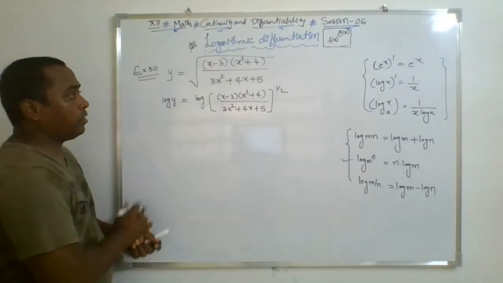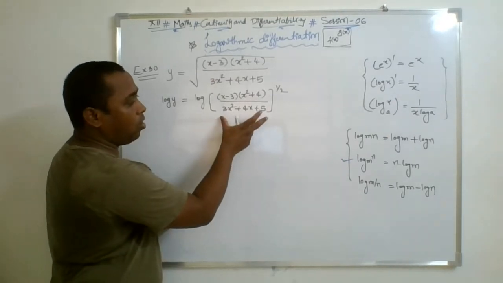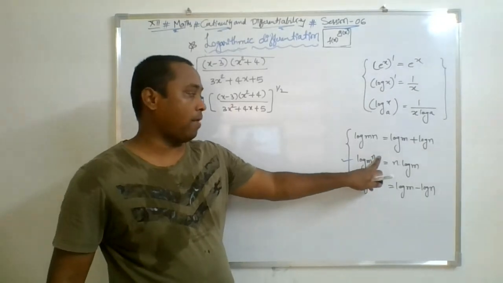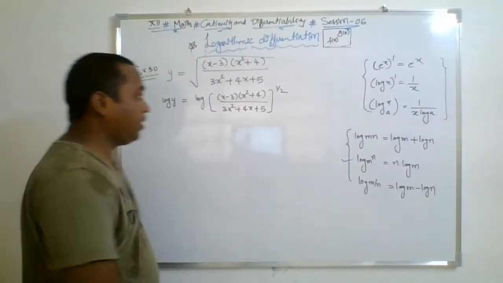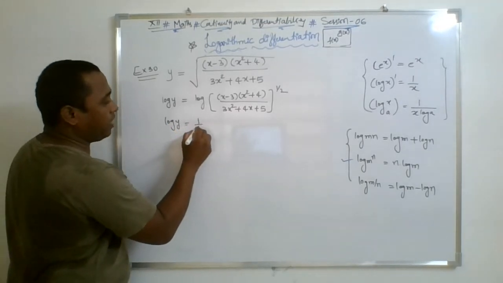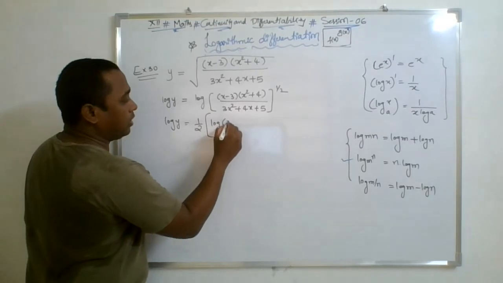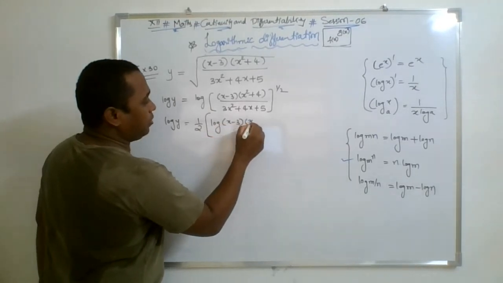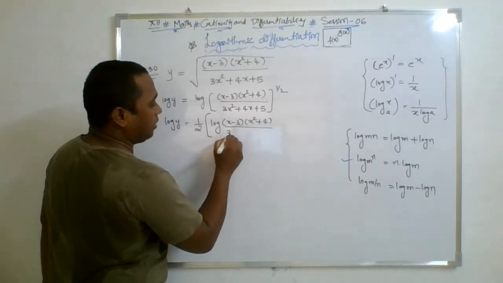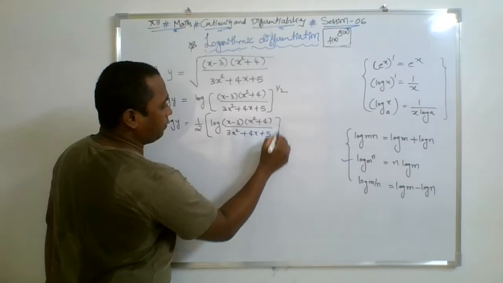That is, under root means whole power 1 by 2. Now it is in the form of log m power n, which is written as n into log m. So in that way, log y is equal to half of log of x minus 3 into x square plus 4 upon 3x square plus 4x plus 5.